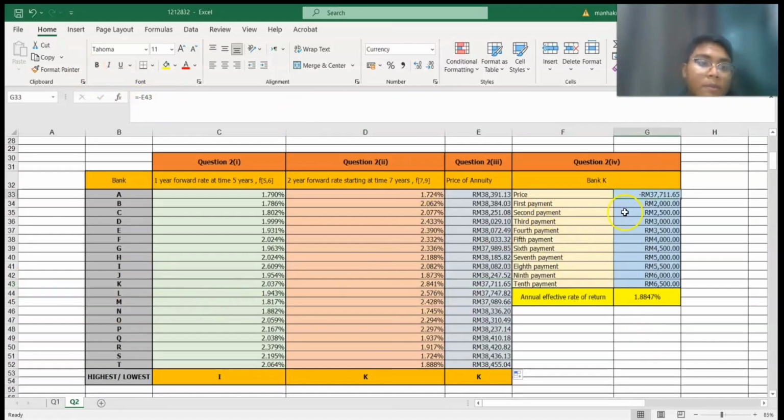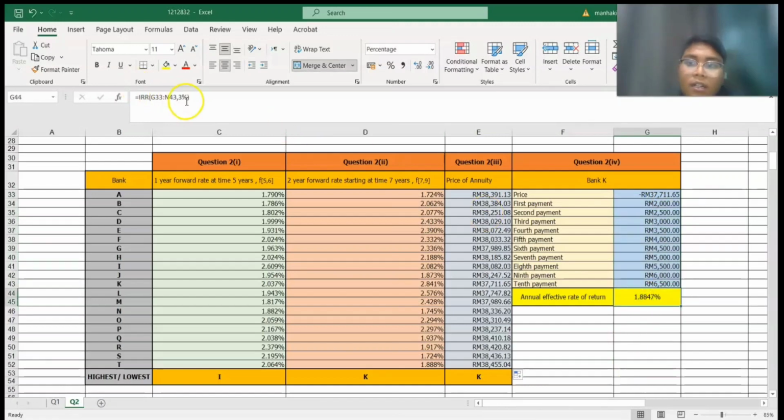Alright, so the first payment is 2000, and because it is an arithmetic increasing annuity, the payment increases by 500 every year. So 2000, 2500, 3000, 3500, 4000, 4500, and then until the 10th payment, which is 6500. For the annual effective rate of return, we have an IRR function, and this is our data here.